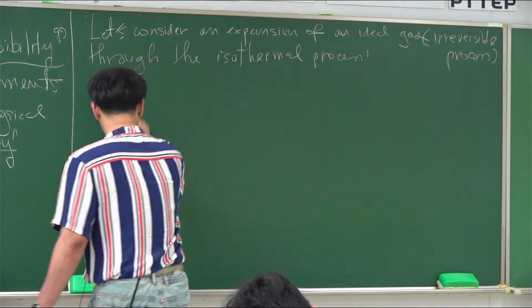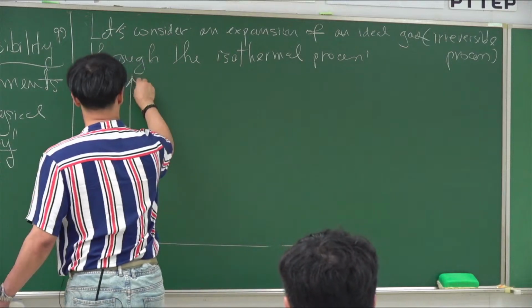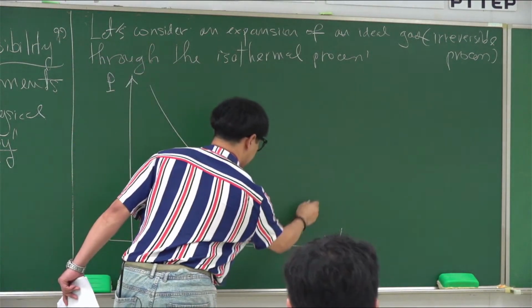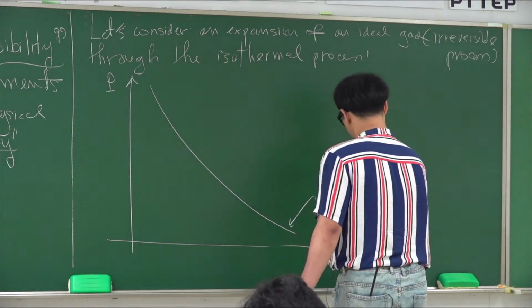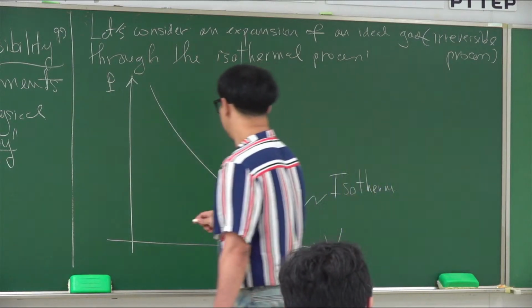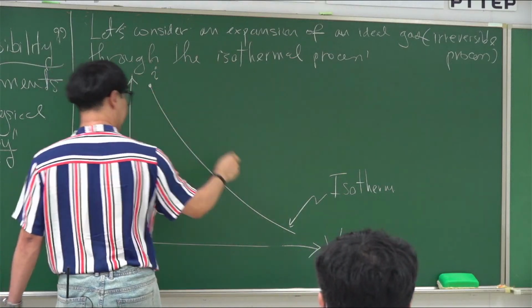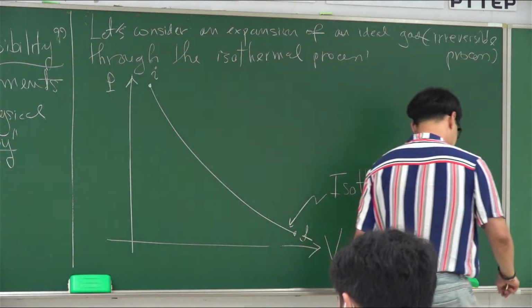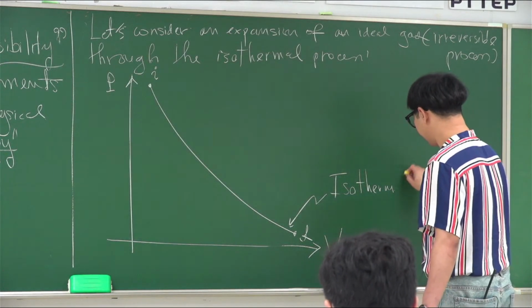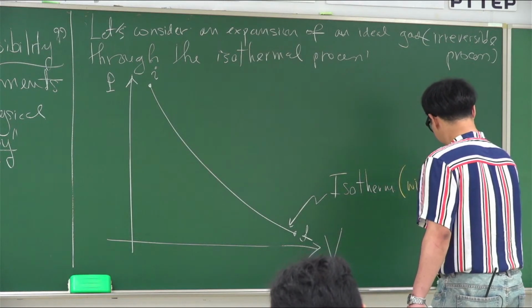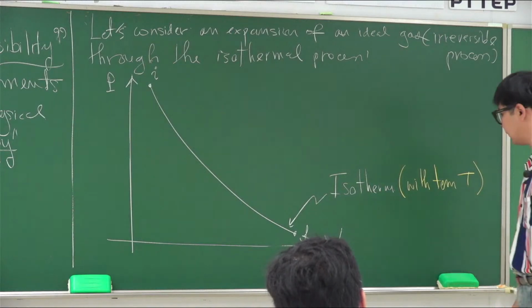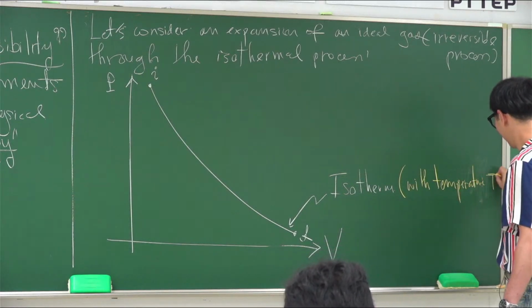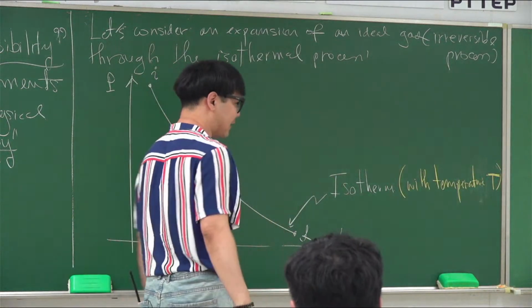You're going to have this PV diagram right here, and you have a line, which we know is an isotherm, right? Suppose that this is the initial point and this is the final point. Suppose that this is with temperature T, which is along this line. The temperature is constant, right?